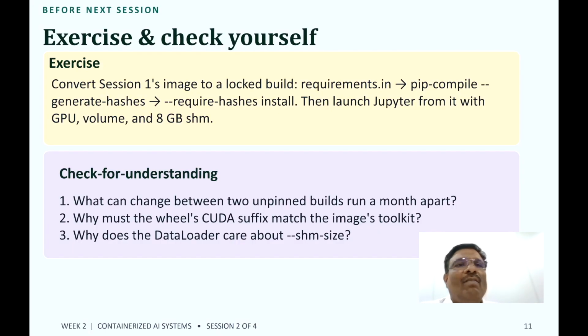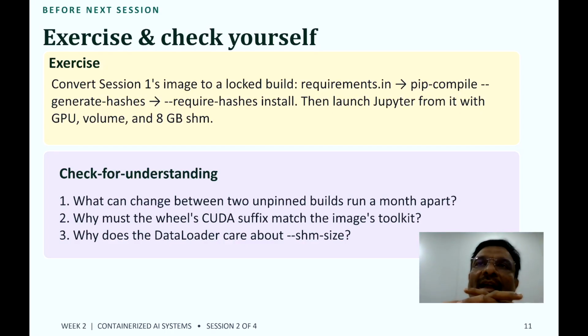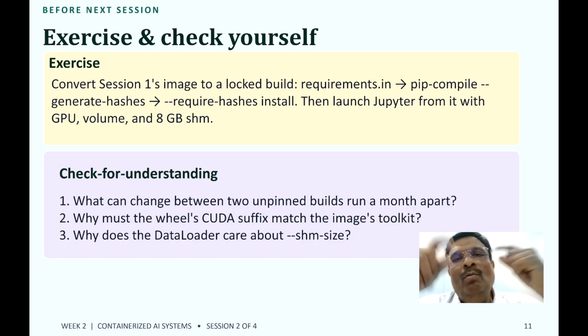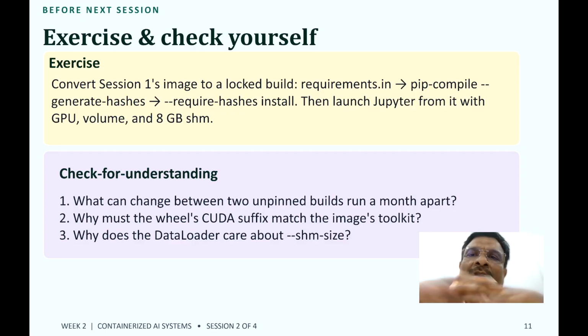One of the things I want you to concentrate on, and maybe send us some comments if queries still exist related to this session: I want you to convert session 1's image, that particular smoke test image, to a locked build.